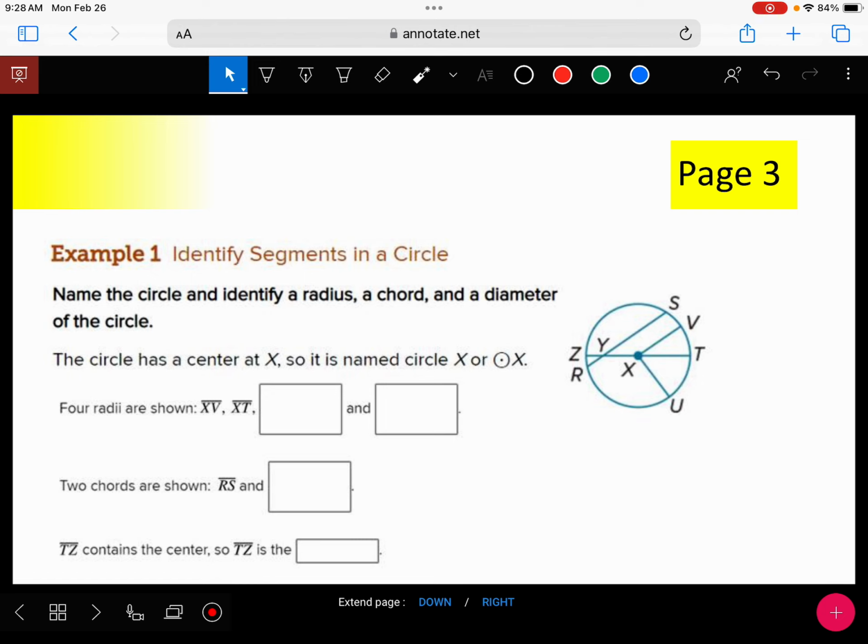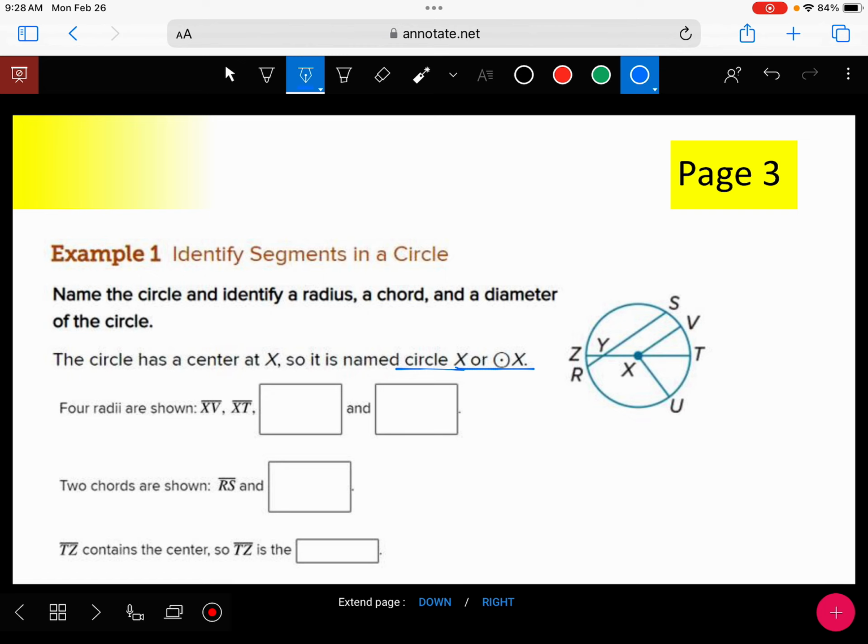It doesn't have it written down anywhere in example 1, but one thing I would say is we could call this circle X. And the way we would do that is just circle X, or the center at X. And the reason we call this circle X is because our center point is point X.